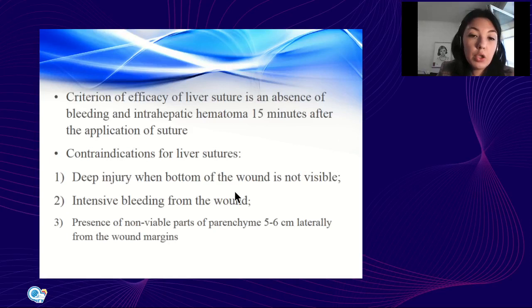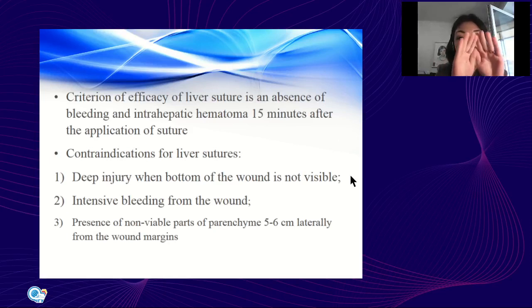It is deep injury when bottom of the wound is not visible. Passage of the thread through the bottom of the wound in any parenchymal organ is crucial, because, once again, I'm telling you, numerous vessels are present in the parenchyma of the liver as well as in the spleen.